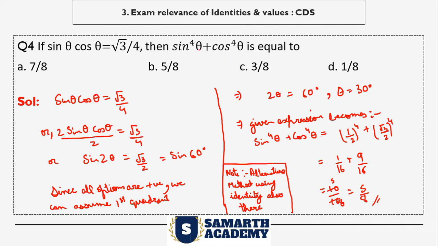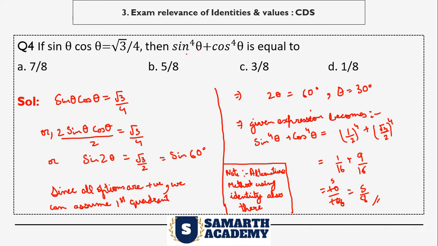So if we solve by putting the value, sine to the power 4 plus cos to the power 4 at 30: sine is 1 by 2 and cos is root 3 by 2, and to the power 4 we get 1 by 16 plus 9 by 16, which on solving gives 5 by 8. Simple enough. There's another alternate method of solving this one as well, using the identity.